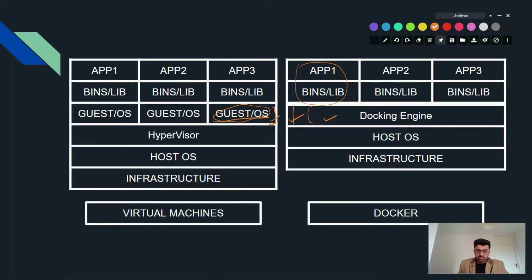While the issue is, let's say the host OS is Windows, in your Docker, for which you have created a bundle, and this bundle is called an image. We will be defining a few terminologies later on also. So this bundle is called an image.